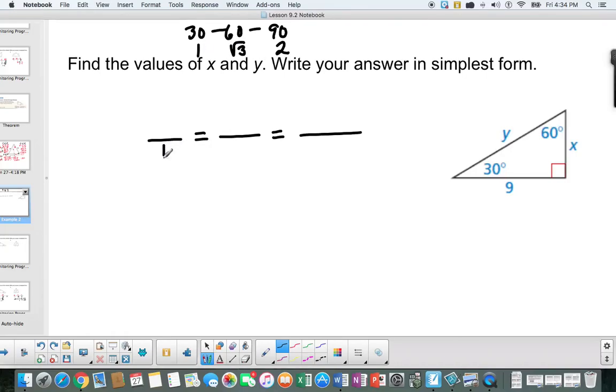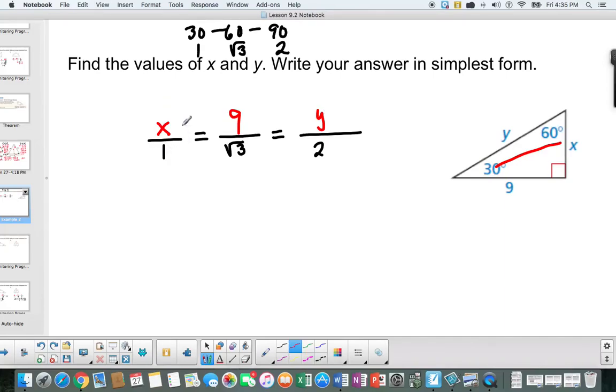So I'm going to write 1, that's going to be opposite the 30, root 3 opposite the 60, and 2 opposite the 90. So I'm going to go here, and I see opposite 60 is 9, so I'm going to put a 9 here, and opposite the 30 is x, so I'm going to put x here above the 1, and then I'm going to put y over here. So this is the ratio for 30, 60, 90, and this is, again, the sides of the new triangle.